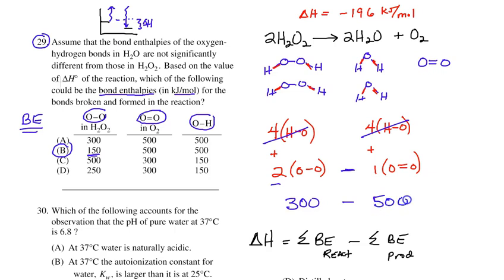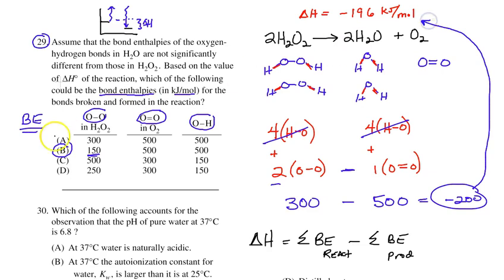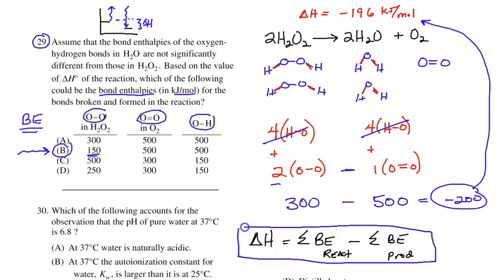You can see that 300 minus 500 gives me a delta H of approximately negative 200, and that's why answer 29 is B. A lot of people got this wrong for a couple of different reasons, mainly because they forgot this when you do bond energies, which, by the way, hint, hint, could rear its ugly head in part 2.